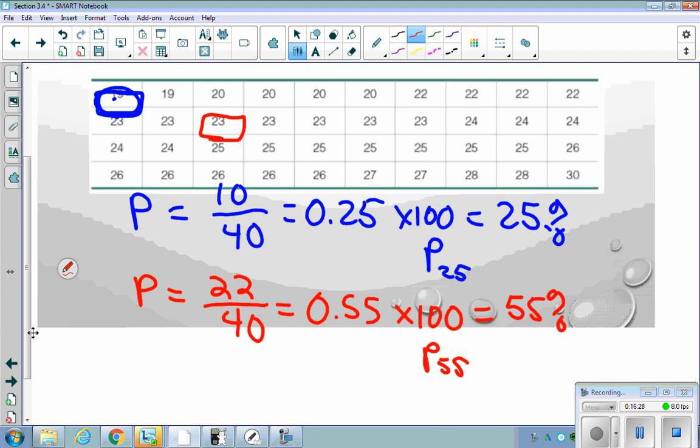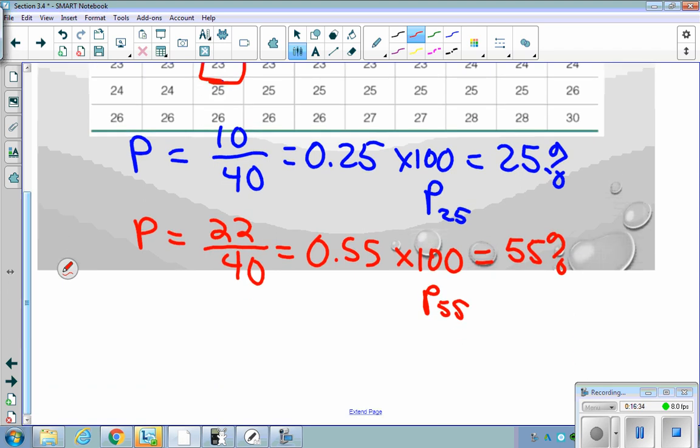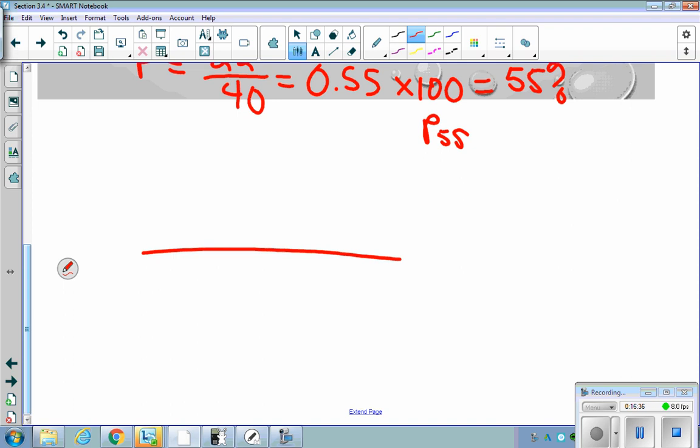Just like when you score on a test, if I look at an entire population, the test scores are going to be normally distributed. Okay?